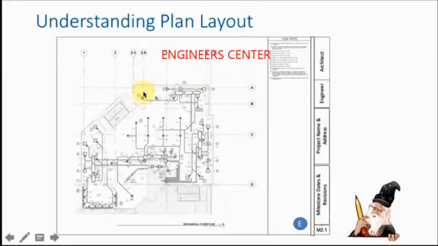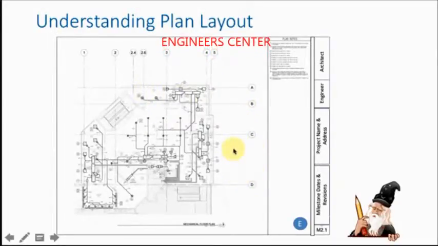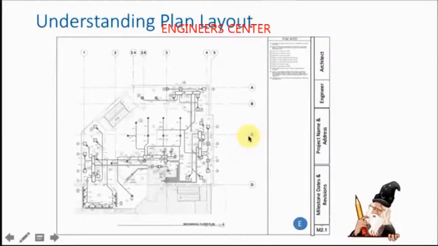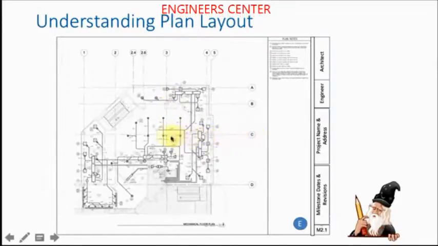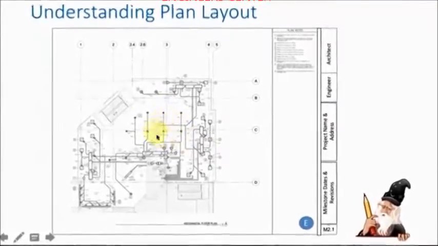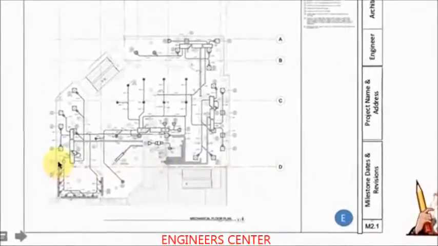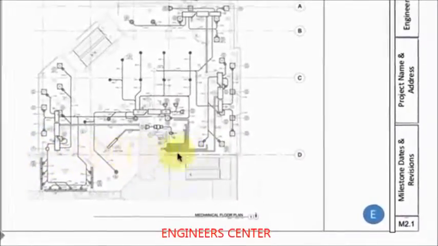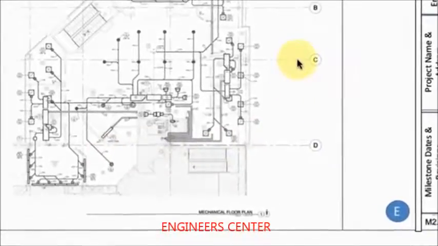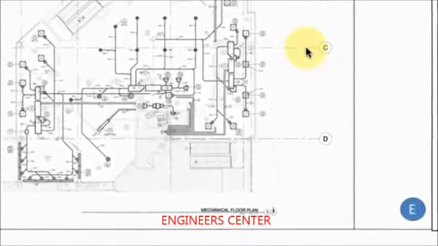Then horizontally you have A, B, C, and D. So if someone wanted you to look at C3 to discuss something in that area, you just find C, and where it intersects column 3, the discussion is around this point. Same with any one of these. D1 would get you over here, and so it's just for quick reference to find a location on the drawing.